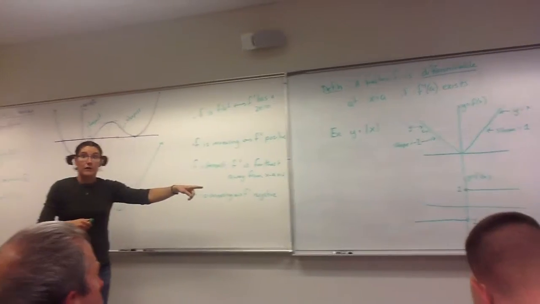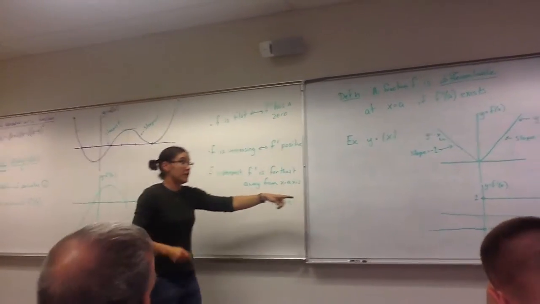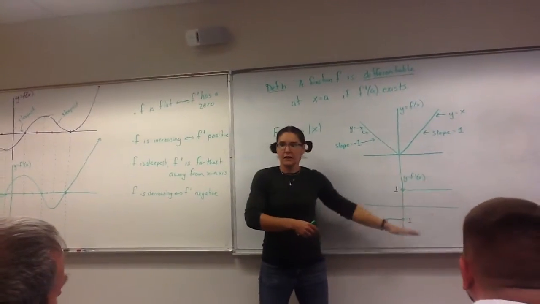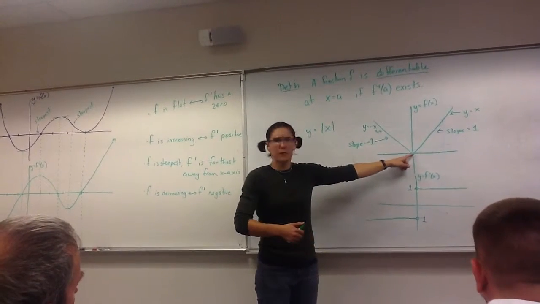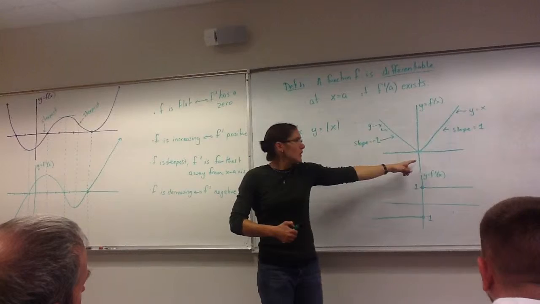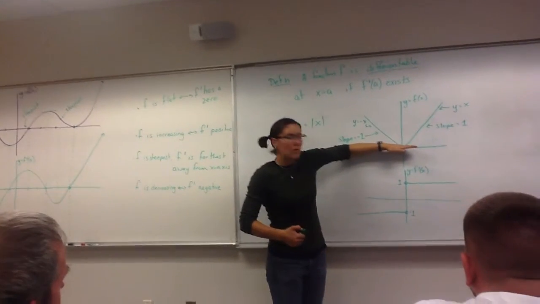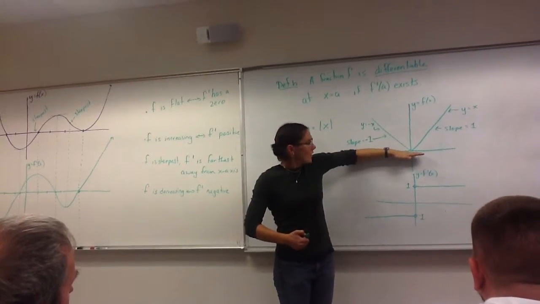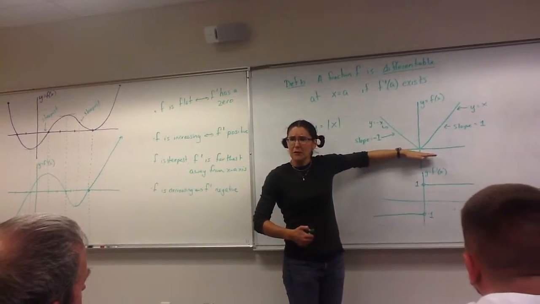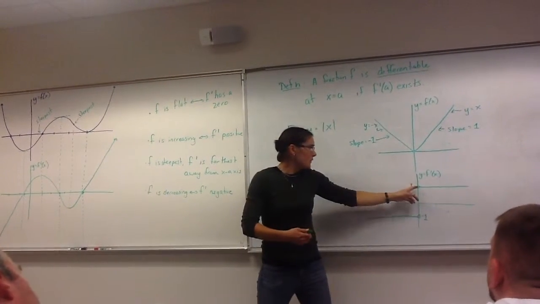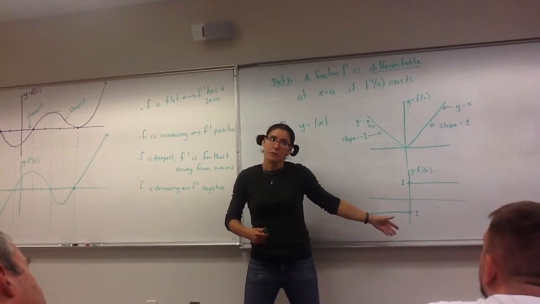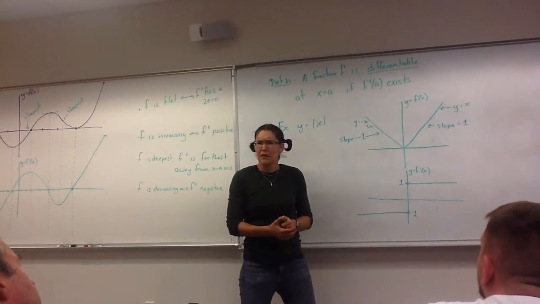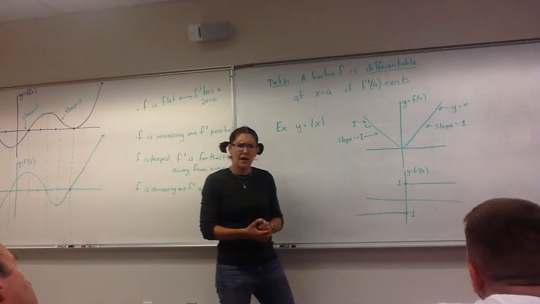Now that's kind of weird, because this derivative function is suddenly not continuous, and not only that, but I haven't even filled in a hole for this corner right here. And so the question on this corner is, well, what should the value be when x is equal to 0? Should our slope be positive 1? Should our slope be negative 1? Should it be 0? It's not really clear.